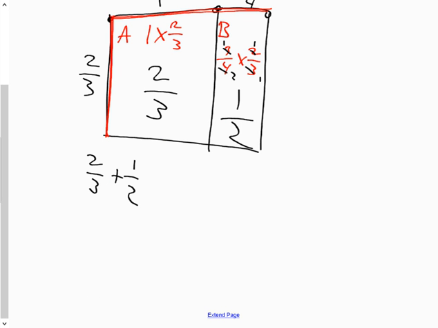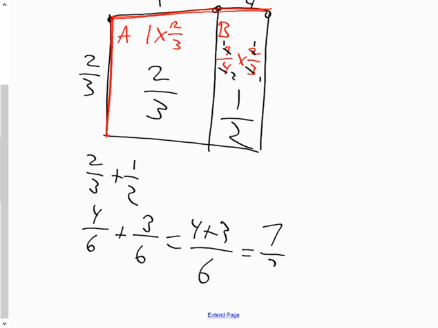What's my common denominator? That's right, it is 6. 4/6 plus 3/6 when adding. Add your numerators and keep your denominator. My final answer is 7/6, which is 1 and 1/6 as a mixed fraction.